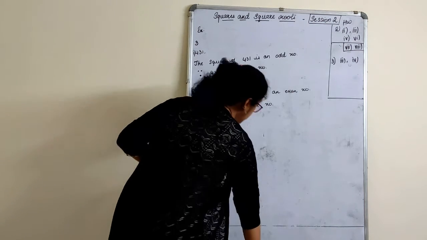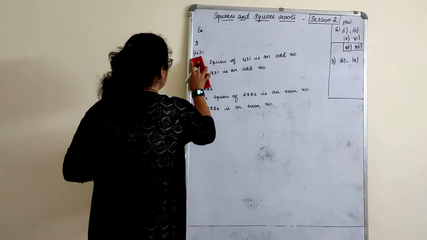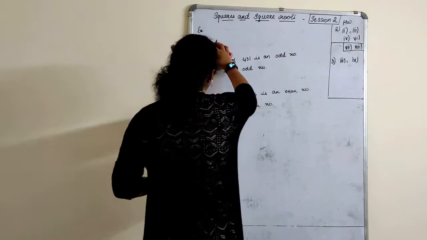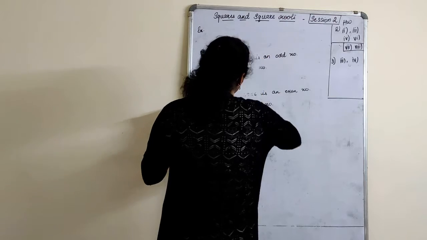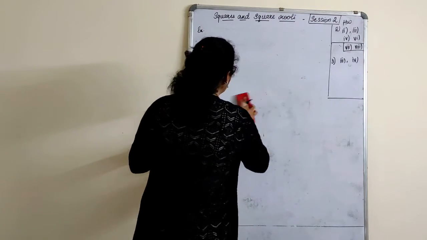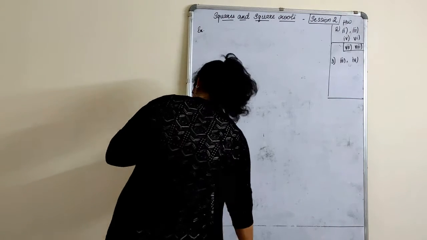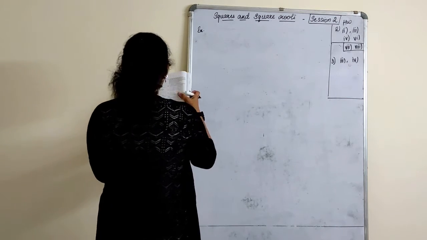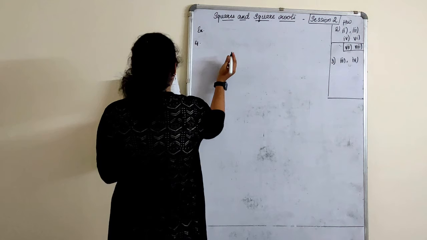Now the next two sums, they have given us some patterns. So in the exam also, if any such question appears, the pattern has to be given, only then we can solve it. Without the pattern, it cannot be done. So observe the pattern they have given in the fourth one.